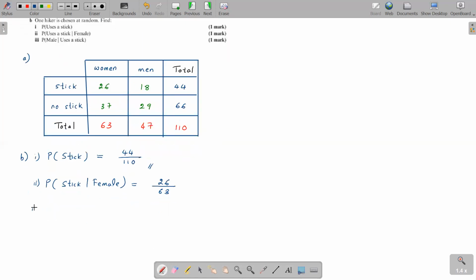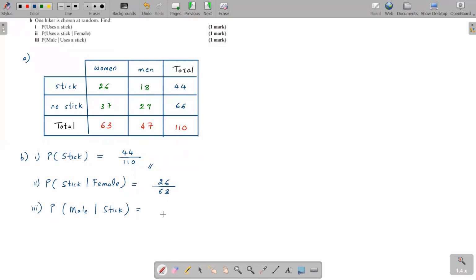Roman number 3, probability of male given using a stick. So now you need to consider the group. The main group here is the people who use the walking stick. So you have to now consider, according to what I have drawn, the row. So this is the people who use a stick.